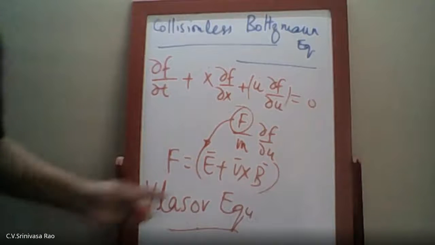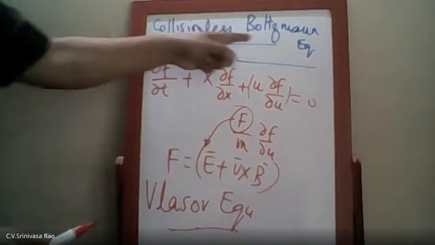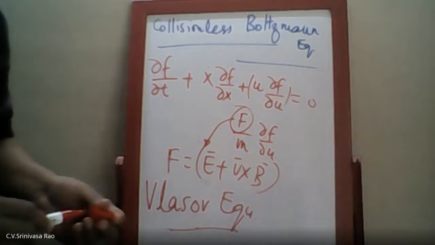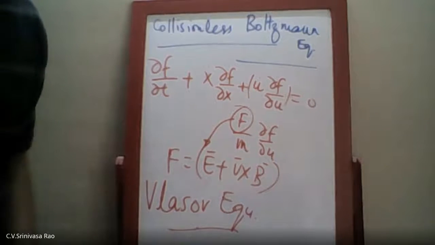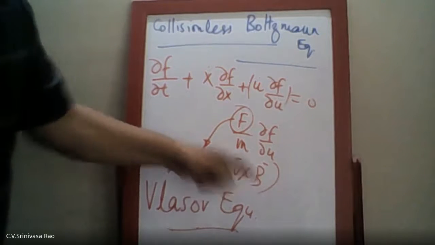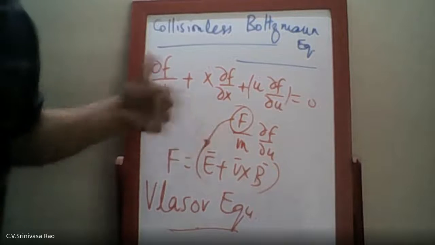Yes, sir. So this equation now gets converted from Boltzmann's equation. Boltzmann's equation is for neutral particles. So for the plasma, what happens? E and B now get modified by the plasma particles.